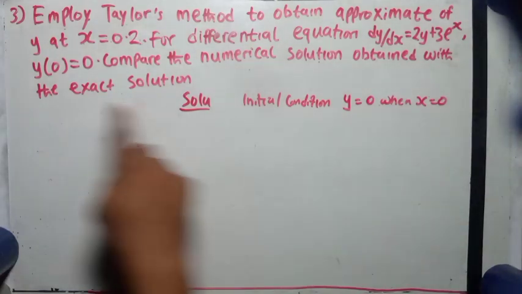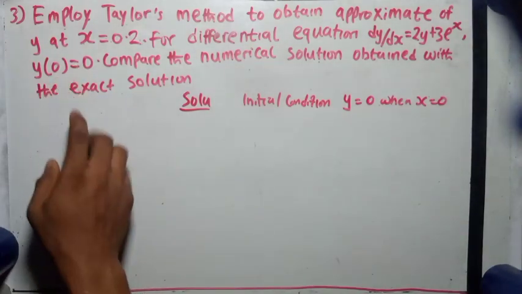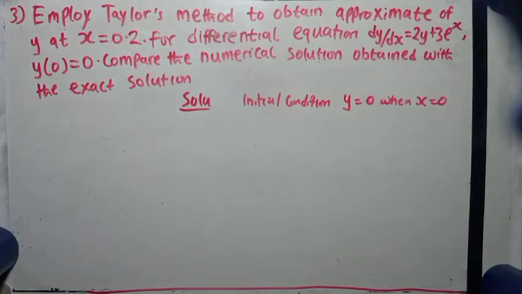We got this from the statement y of 0 is equal to 0. We are going to be stopping at the fourth approximation.